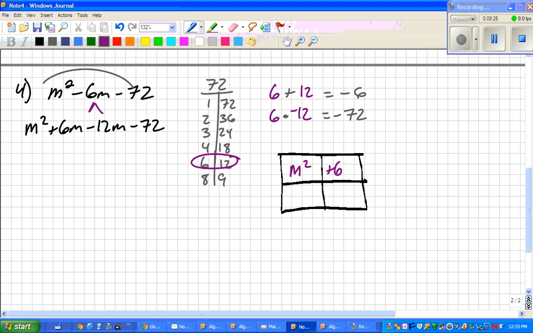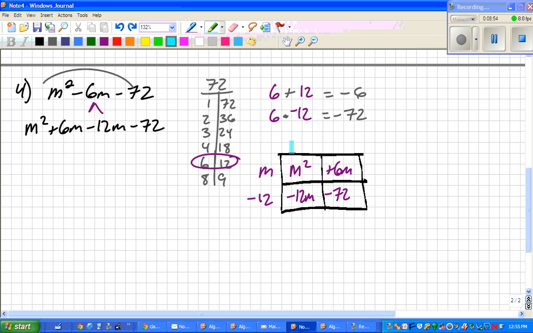M squared plus 6m minus 12m minus 72. The GCF of the top is m. Of the bottom, it's going to be negative 12.